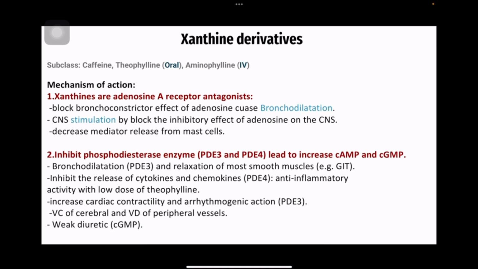The second mechanism is inhibition of two enzymes, phosphodiesterase 3 and phosphodiesterase 4, leading to increased cyclic AMP and increased cyclic GMP. This mechanism causes bronchodilation and relaxation of most smooth muscle, including the GIT.